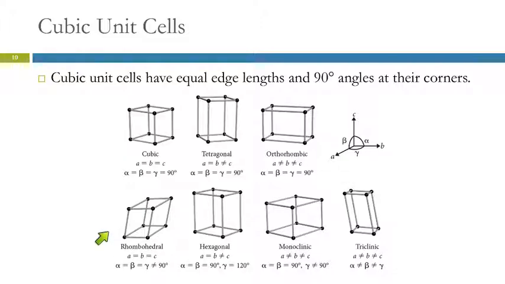There's rhombohedral, so now all the angles are kind of wonky. Hexagonal, monoclinic, triclinic. So there are all these names, okay? And the names just describe what's going on with the angles. Good news is you don't have to learn all these names, right? Yay!